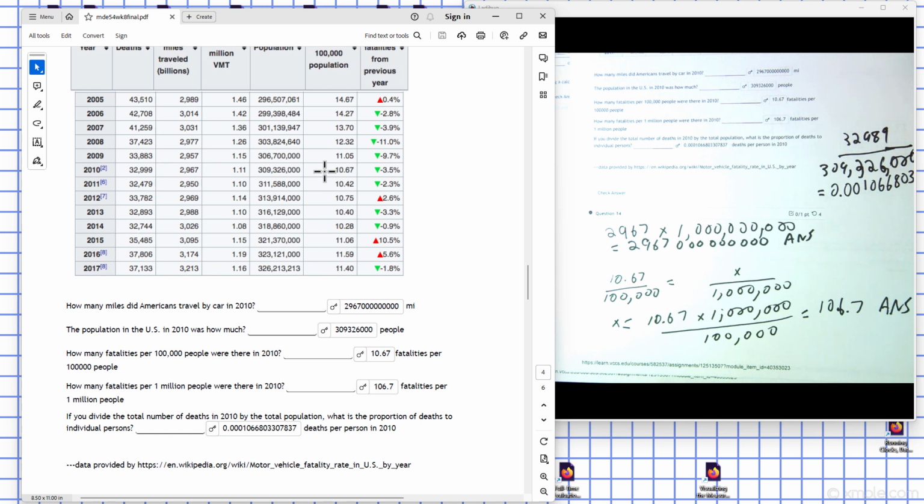How many deaths per million people? So we know the number of deaths per 100,000. To find the number of deaths per million, set up a proportion and divide. And you get 106.7. That's what I have here.